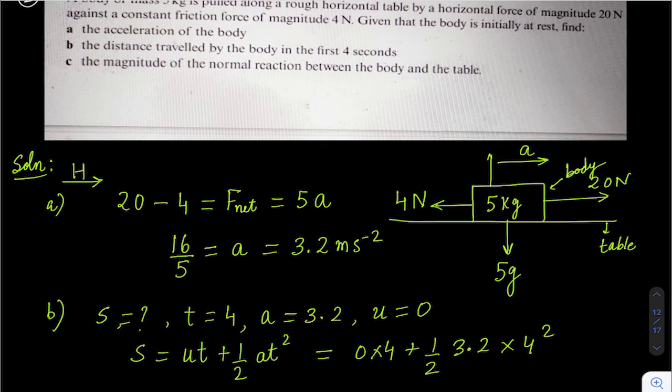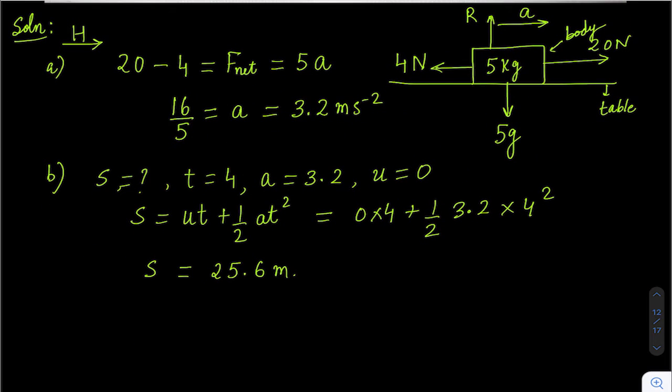So reaction force will be upwards by the table on the body, right? And as we can say that there is no acceleration in y direction, so we can say directly R should be equal to 5g because it is in equilibrium in vertical direction.